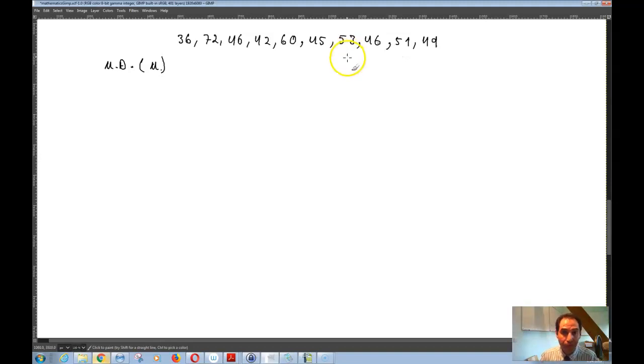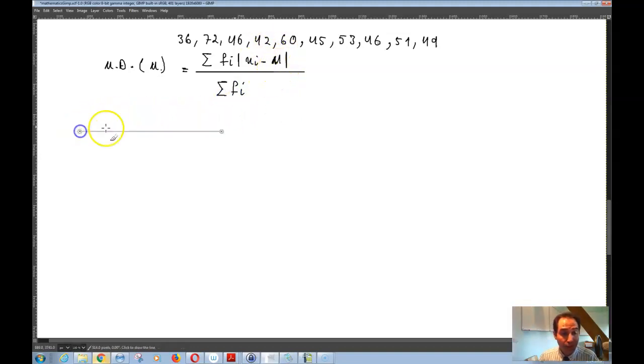You know that the mean deviation about the mean can be calculated by sigma f of i times the absolute value of x of i minus m, where m is the mean, divided by sigma f of i. So first I need to calculate my mean.